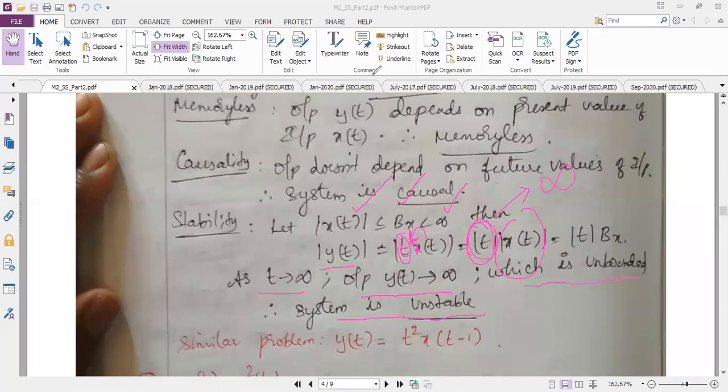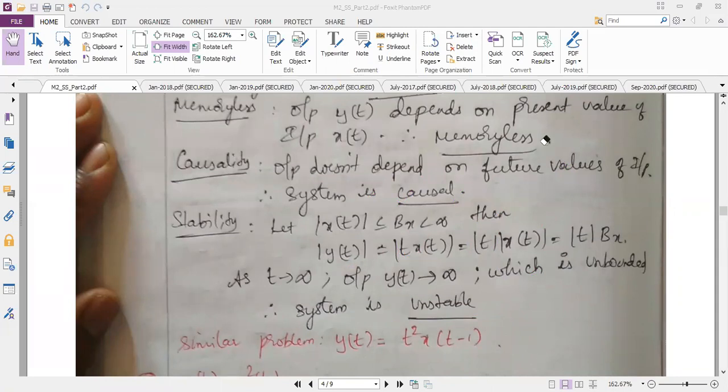So I hope seeing the question itself, you now understand how to analyze whether the given system is memoryless, causal, and unstable. But the first two properties, linearity and invariance, you have to solve and write out 100%.